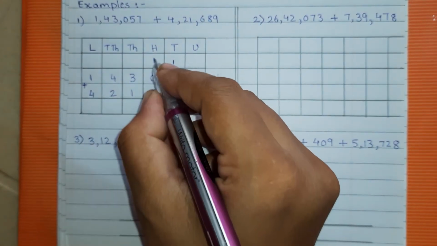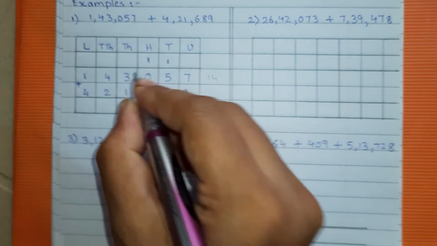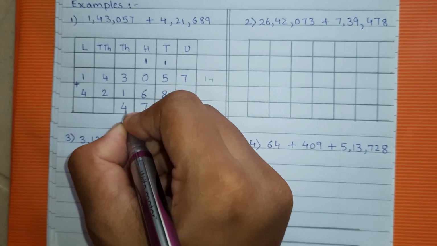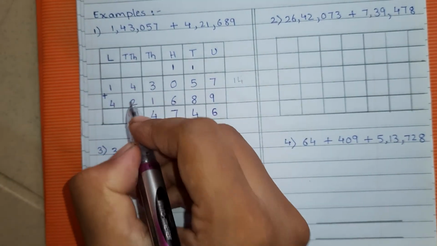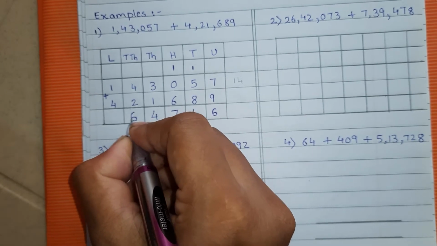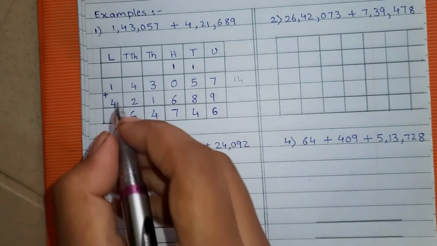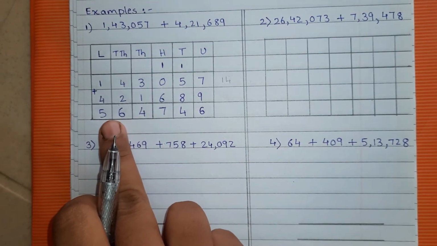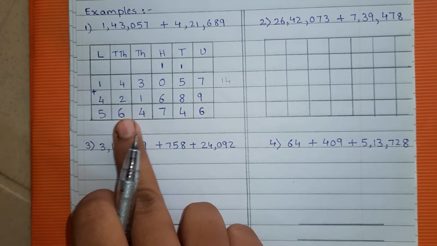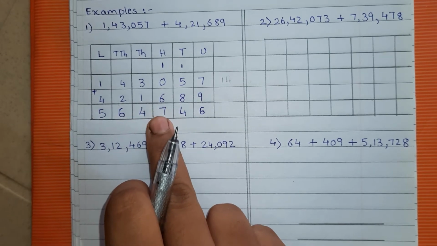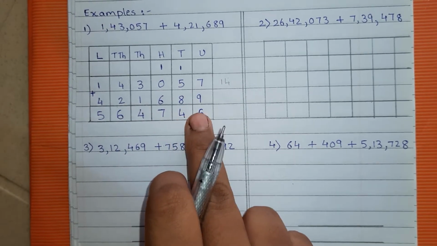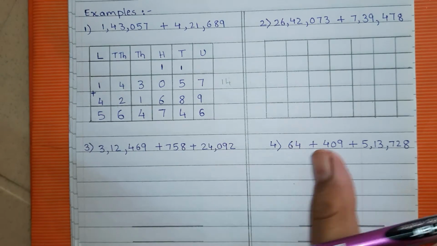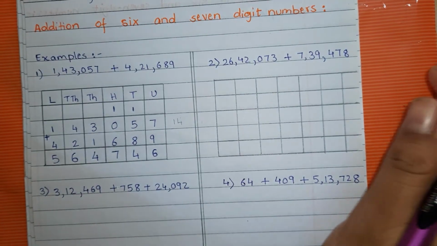Now 6 plus 1, 7. 3 plus 1, 4. 4 plus 2, 6. And 1 plus 4 is 5. So your answer is 5,64,746. Understood how to solve the addition of 6-digit numbers?